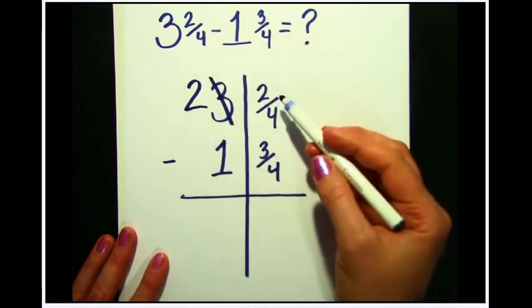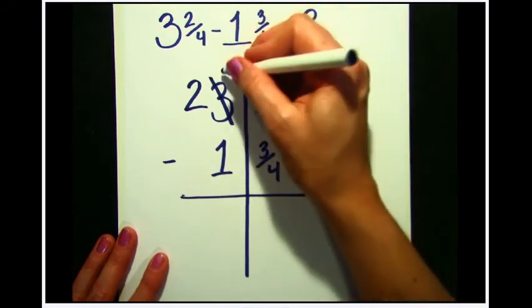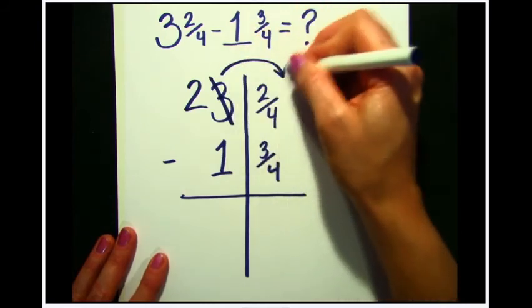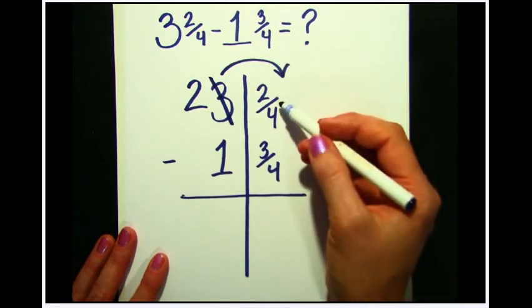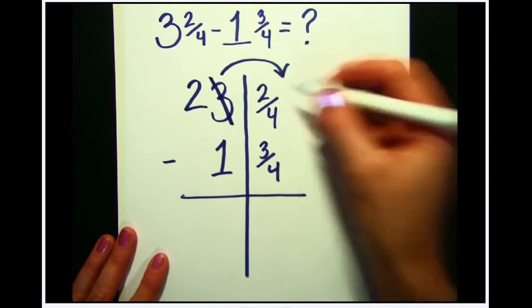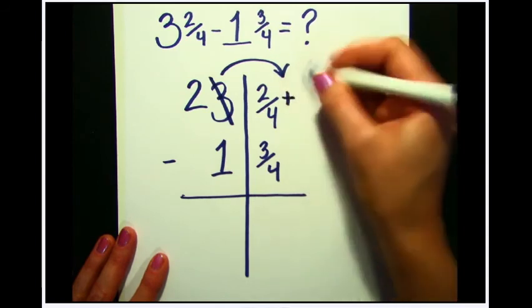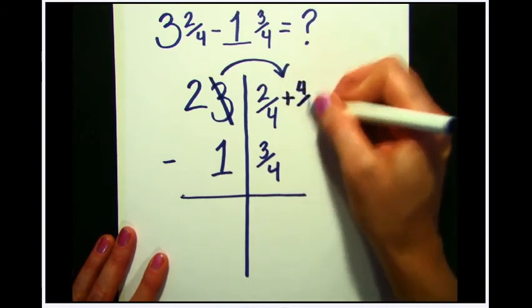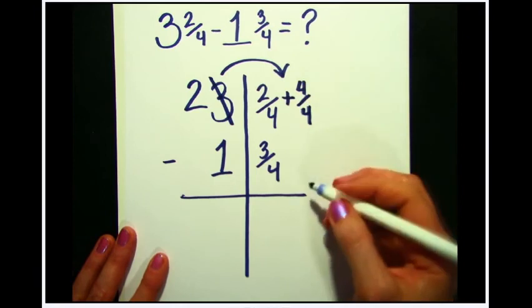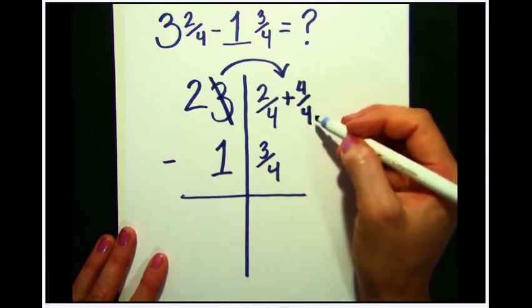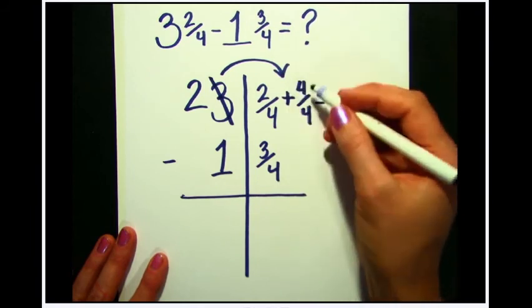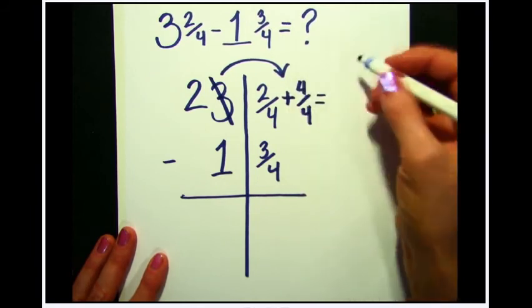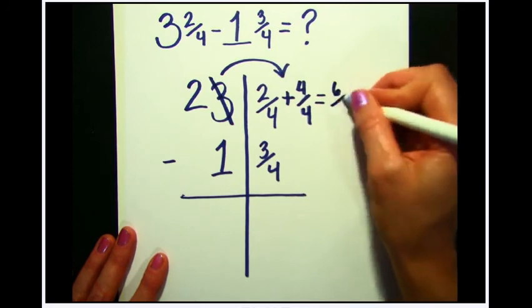But I can't just stick a 1 over here, because once I cross over to this side, that 1 needs to be able to be added to my fraction. So that 1 has to become 4/4, because anything over itself is equal to 1. So now 2/4 plus 4/4 gives me 6/4.